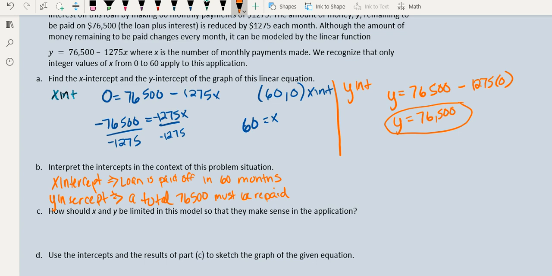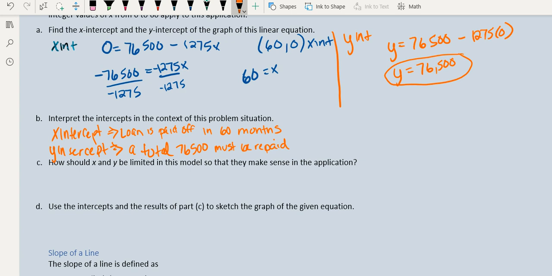So the values of x vary from 0 to 60, and that would be my input, but the output is the total amount owed at any time during the loan. So values for y can vary from 0 to 76,500.